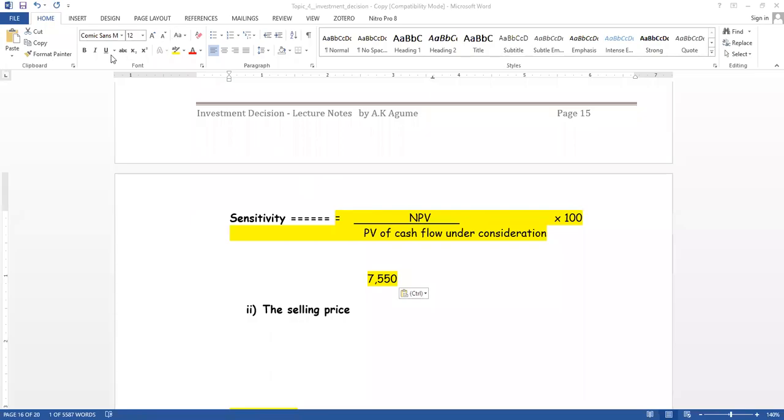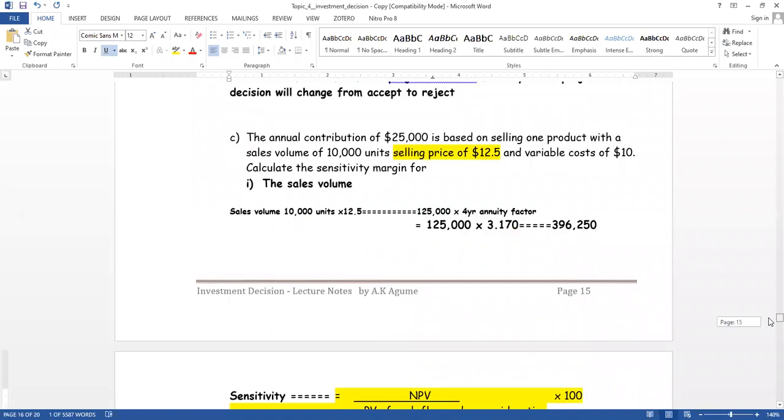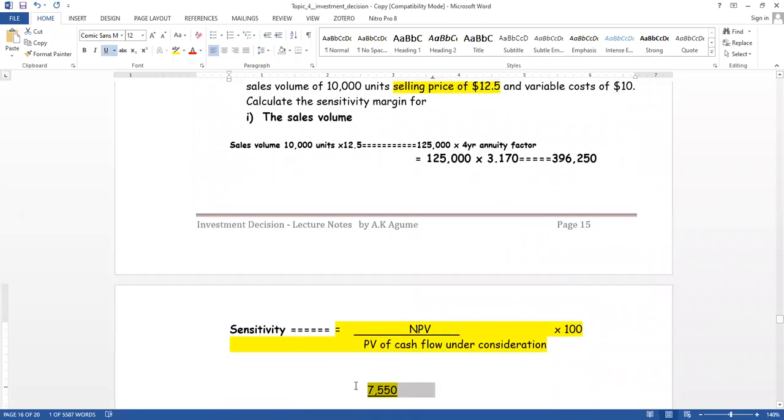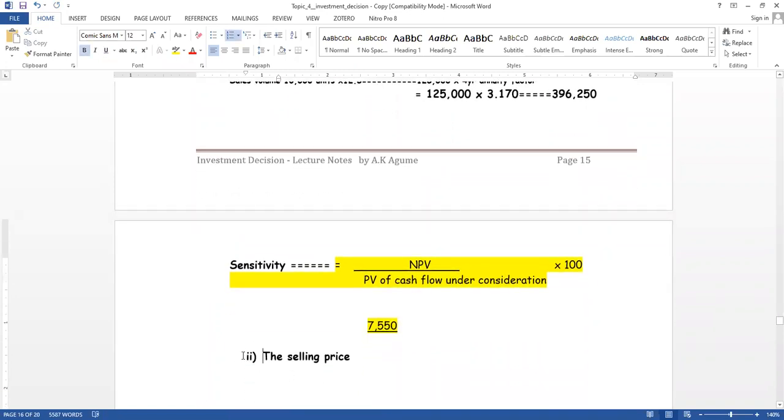This by what? By the PV. What is the PV of that cash flow? This is 300. 396.